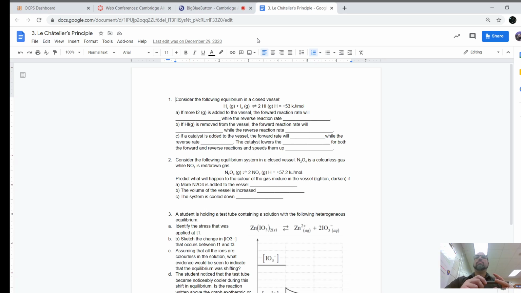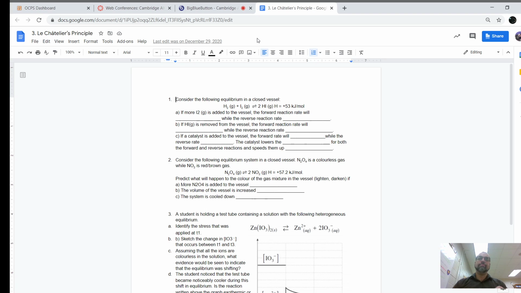The catalyst lowers the activation energy for both the forward and the reverse reactions and speeds them up equally. Okay. So in the case of C, I misspoke, because a catalyst will increase the rate of both of them. So both will increase, and then eventually the increases are going to be exactly equal.